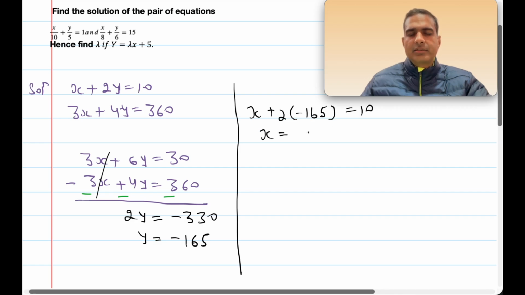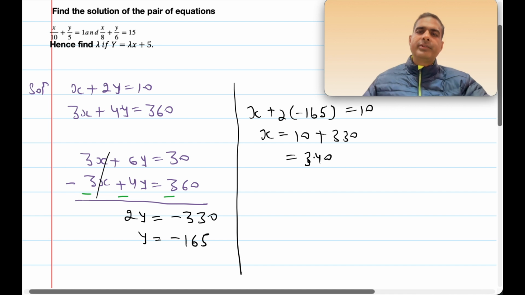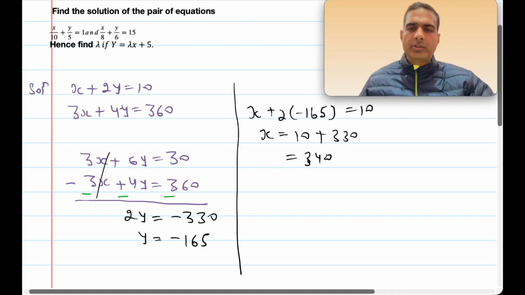So x is equal to 10, and 2 into 165 is 330, and it was minus, so it became positive. So we will get 340. So the value of x came out to be 340.